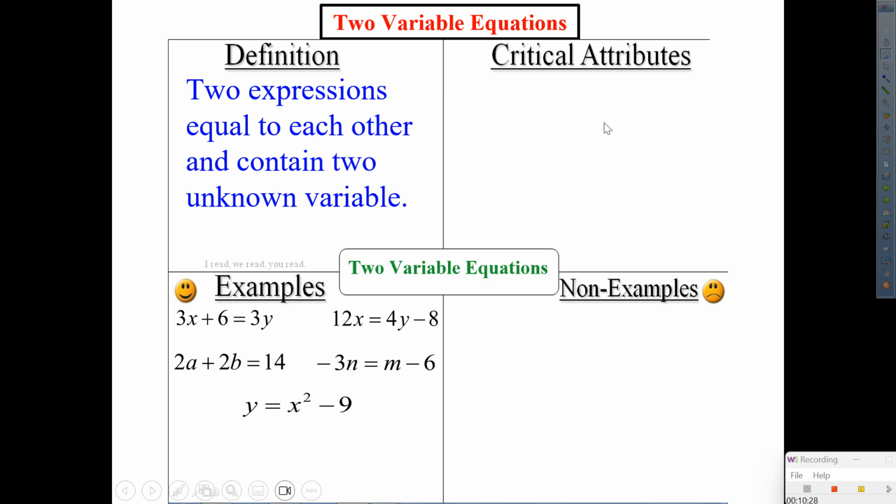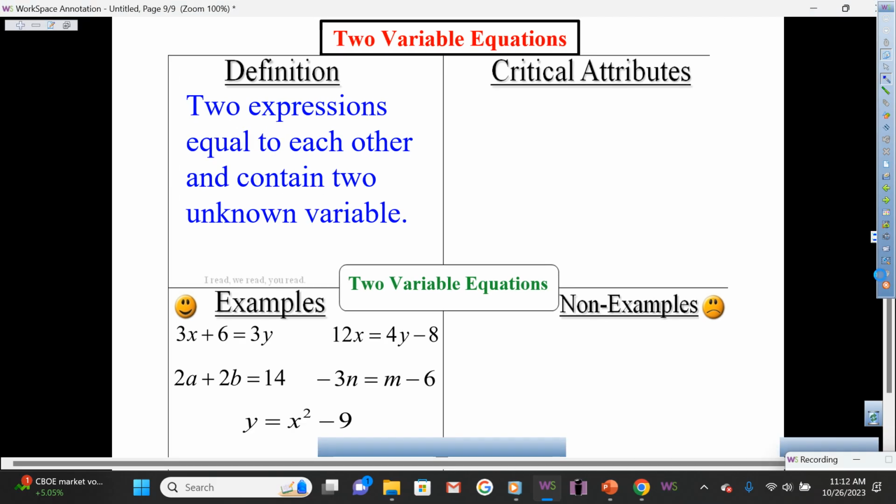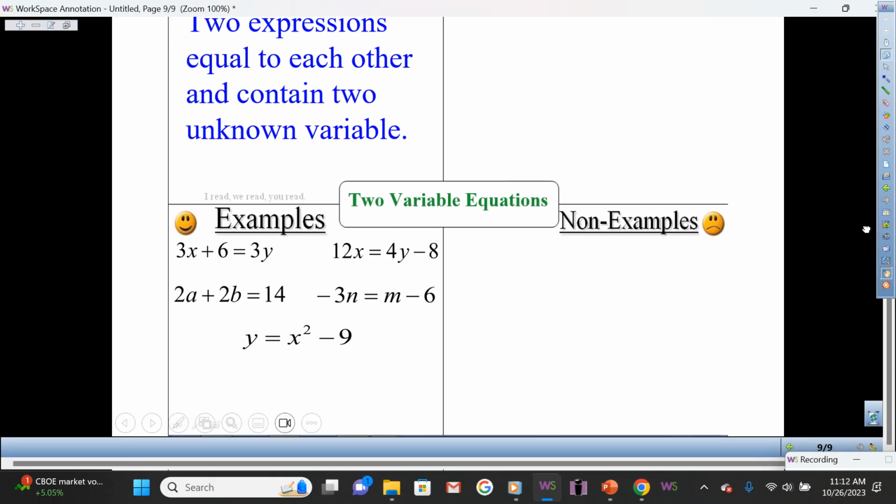Now, as you're copying, let's see. According to the definition, it says two expressions equal to each other. Let me move this up a little bit. Is this an expression, 3x plus 6? Yes. How about the 3y? Yes. Are they equal to each other? Yes. How about this one? 12x is an expression, 4y minus 8 is an expression, and they are equal to each other.